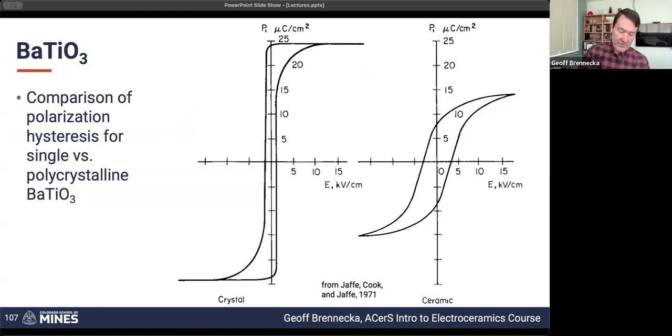So, for example, if you have a grain here, you can have randomly oriented grains all over the place. If you apply an electric field in this direction, that one can't rotate any further. This one can flip.